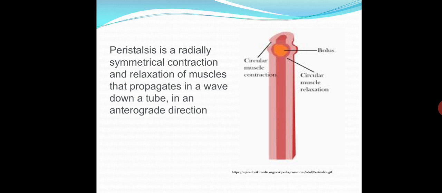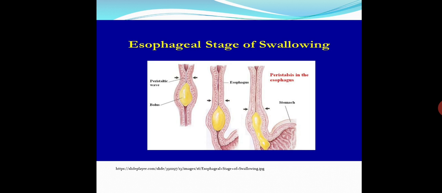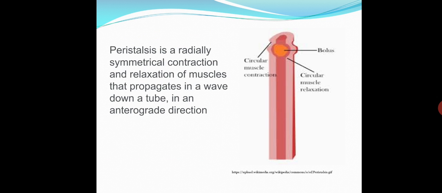This is the peristalsis. You can see in the picture, it is a radially symmetrical contraction and relaxation of the muscles that propagates in a wave down a tube in an anterograde direction. Here, the swallowing or local stimulation of the esophagus at any level causes the development of this peristalsis.